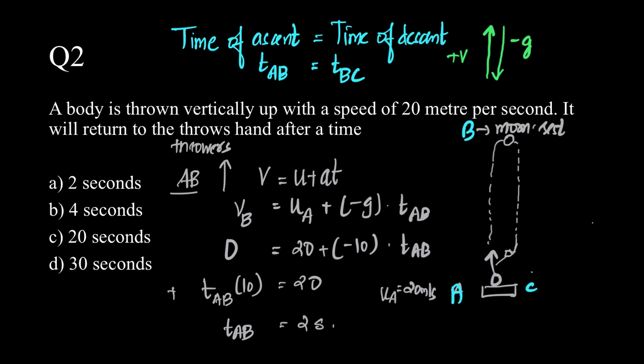Now, is the question asking the time taken to reach B? No, the time taken is being asked to come back to the same hands, which means we have to take the total time.